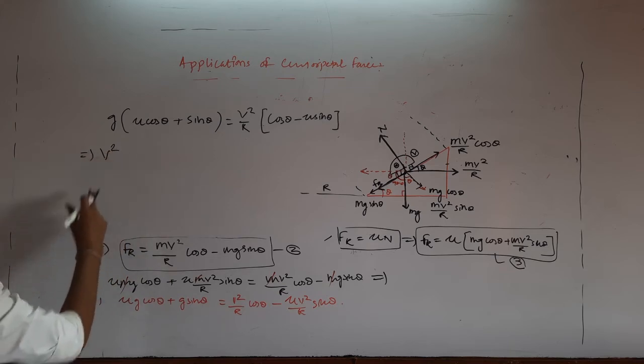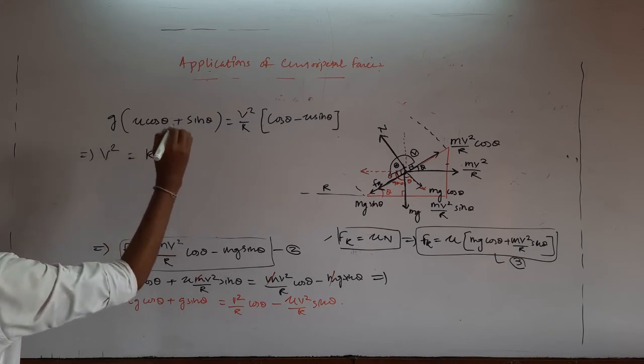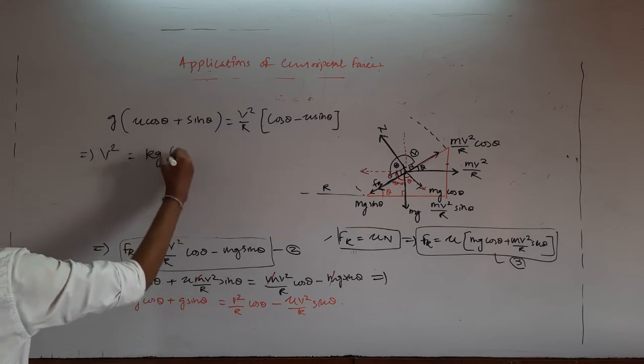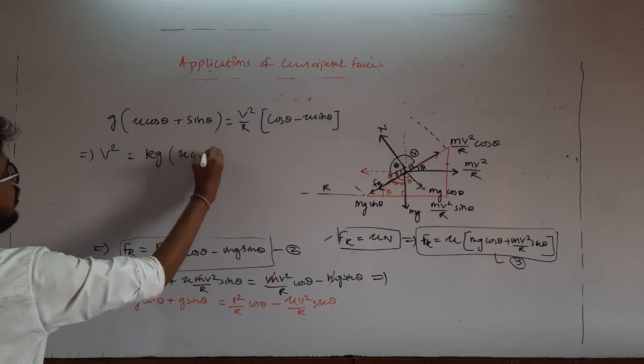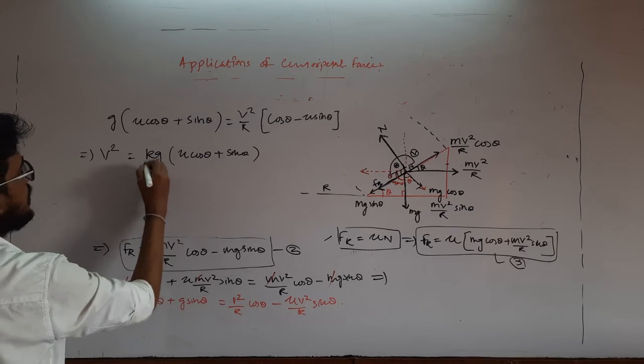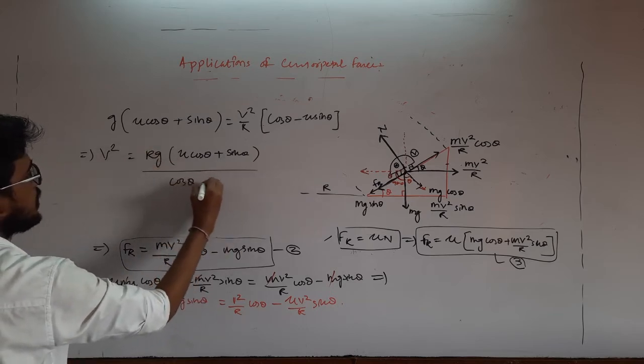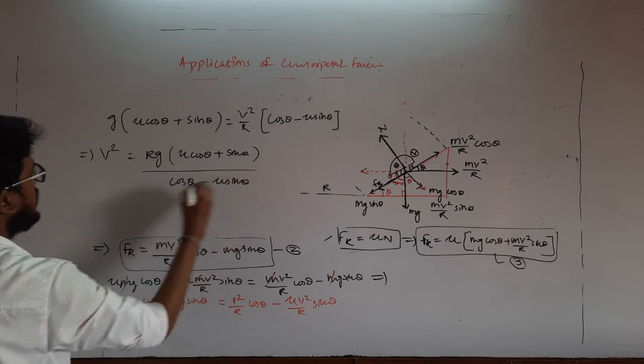So what is the maximum safe velocity? V square is equal to rg into mu cos theta plus sin theta divided by cos theta minus mu sin theta.